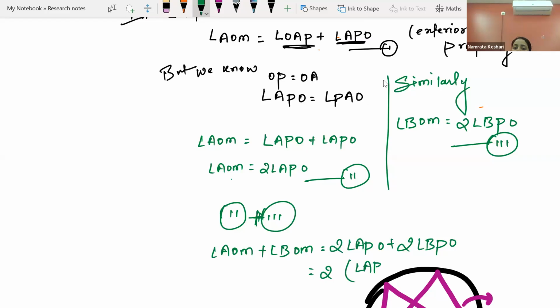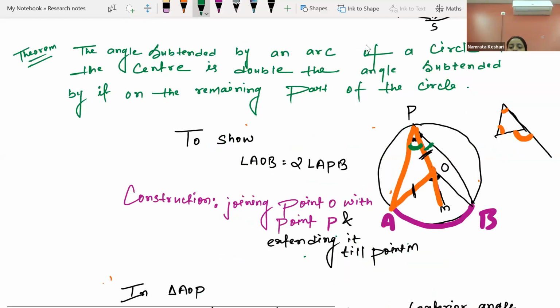APO प्लस BPO. चलो फिगर को देख लेते हैं ध्यान से, फिर बताना मुझे APO प्लस BPO मीन्स व्हाट? APO plus BPO means what? Yes, anyone? ये जो APO एंगल है प्लस BPO एंगल को हम एक साथ ऐड करके क्या लिख सकते हैं?